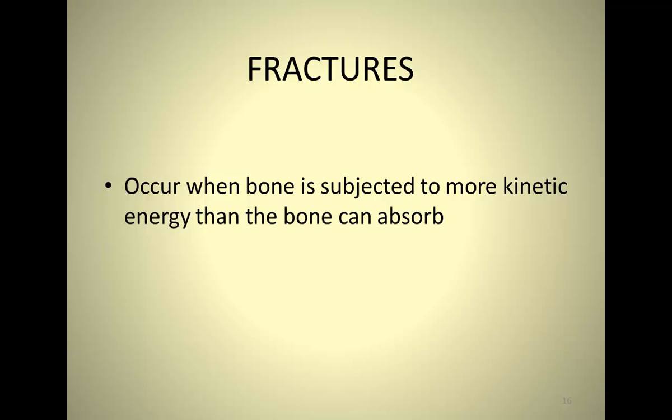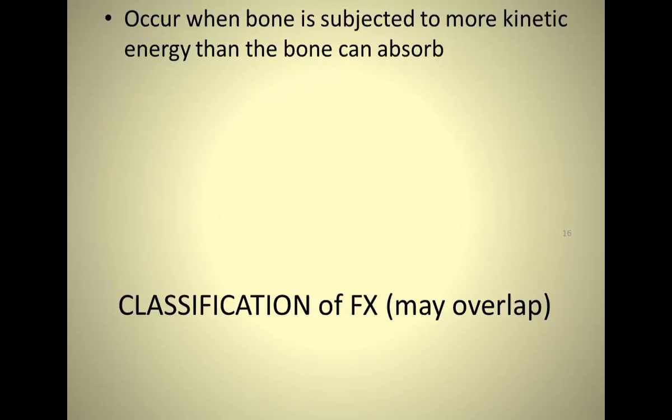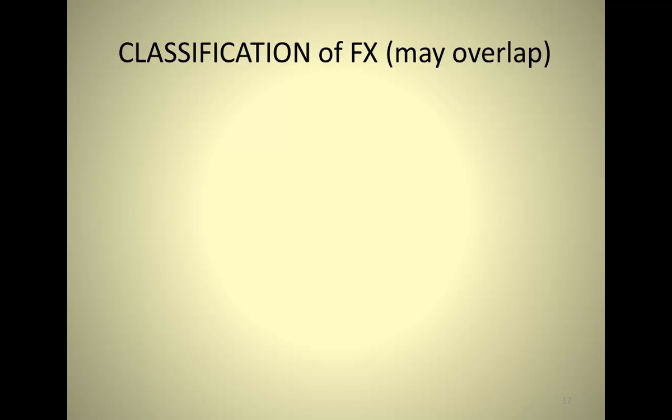Where are we at? 16, fractures, okay? That's any break in the continuity of a bone. It occurs when the bone is subjected to more kinetic energy than the bone can absorb. We're going to talk about some classifications, and some of these might overlap a little bit.